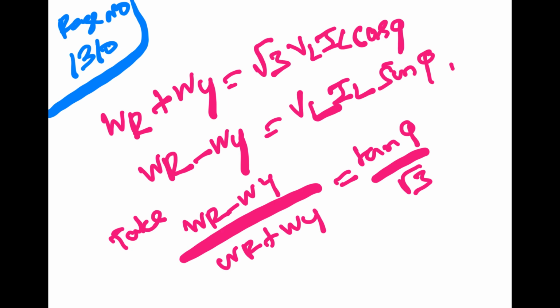WR plus WY is equal to root 3 VL IL cos phi, as we found from the vector diagram. WR minus WY is VL IL sin phi. Taking WR minus WY divided by WR plus WY gives tan phi divided by root 3. We already know the formula.